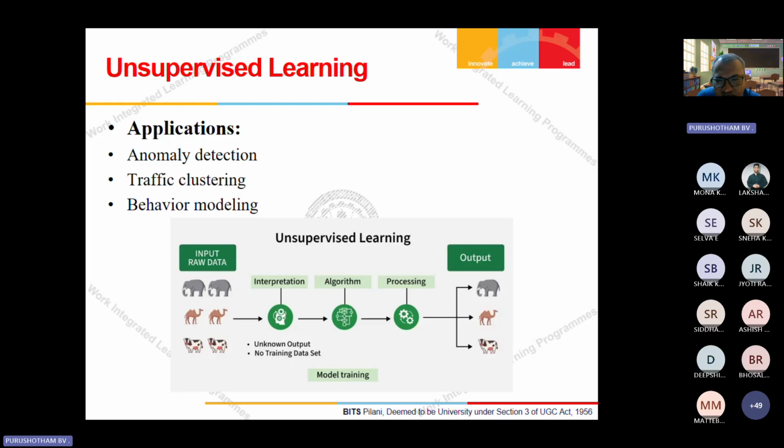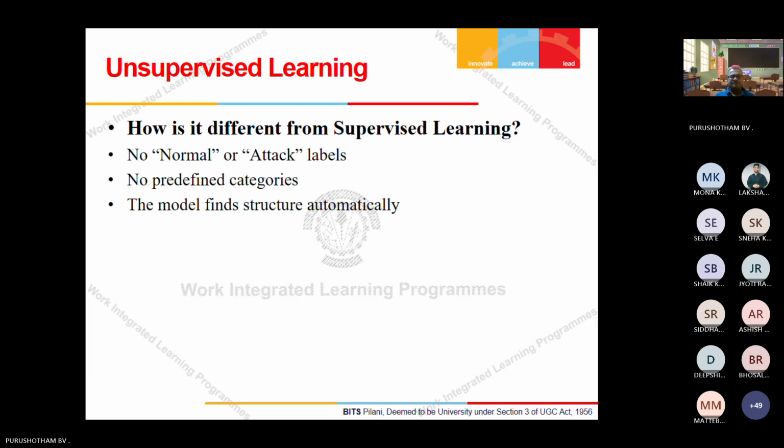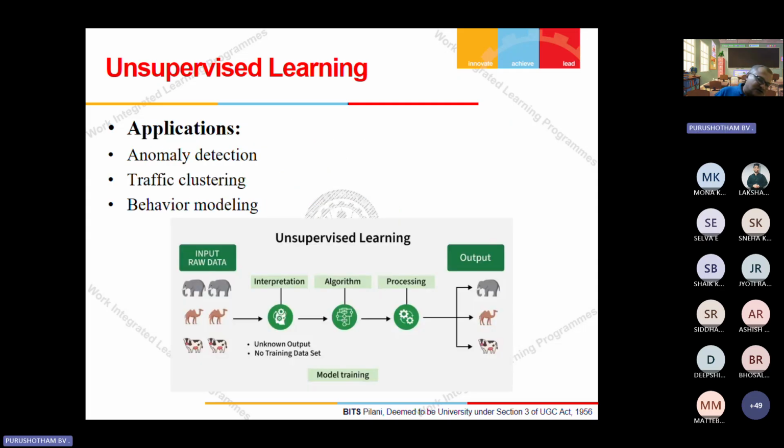Now the model treats and generates a separate elephant, separate camel, and separate cow. Or if you want, you can also say it is two elephants, two camels, two cows. Like that also it can take.